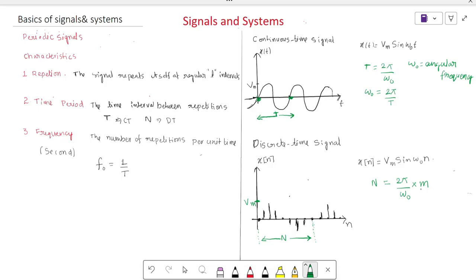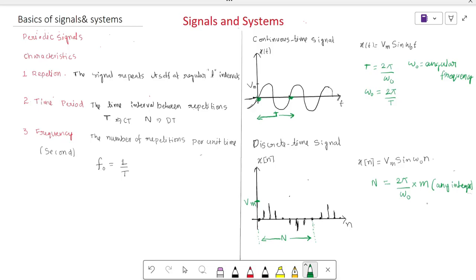Here this m is any integer value. It is any integer, to make the capital N time period an integer.